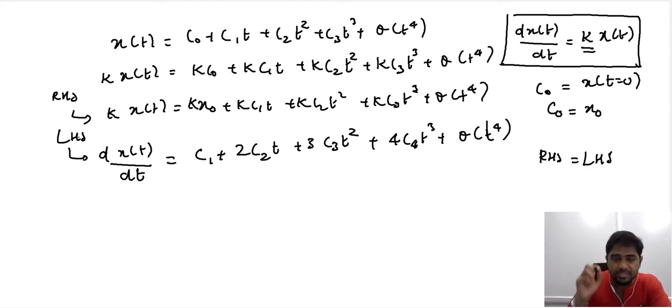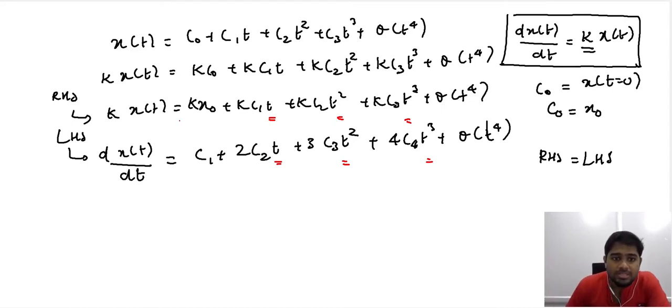Both the RHS and the LHS have specific variables associated with them, and these variables are t square, t cube, and so on and so forth. So both the RHS and the LHS share a common variable in different powers of t.